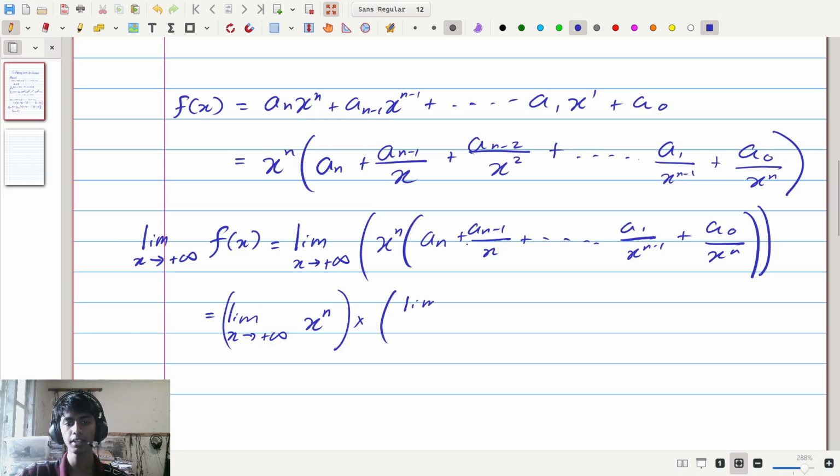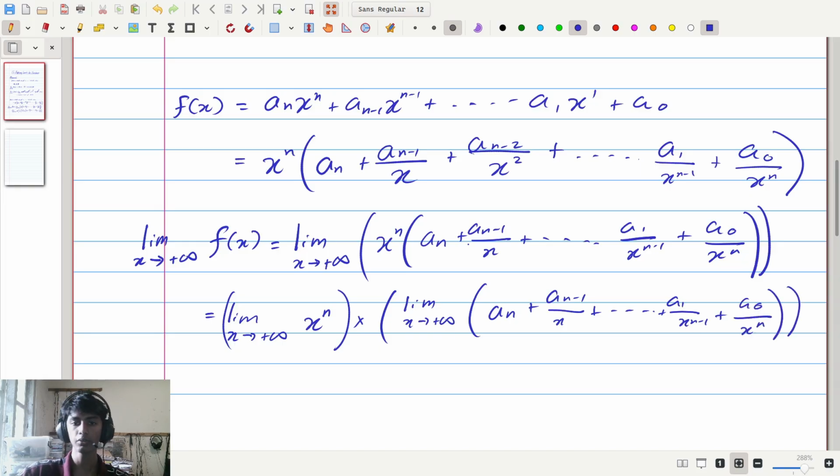So the limit as x approaches positive infinity of a sub n plus a sub n minus 1 divided by x plus dot dot dot all the way down to a sub 1 divided by x to the n minus 1 plus a sub 0 divided by x to the n. So now then, let's evaluate both of these limits separately.